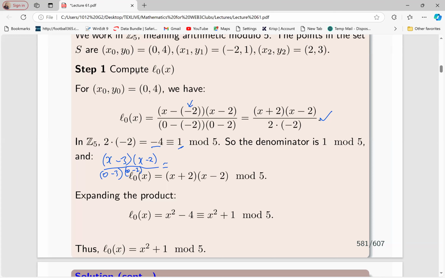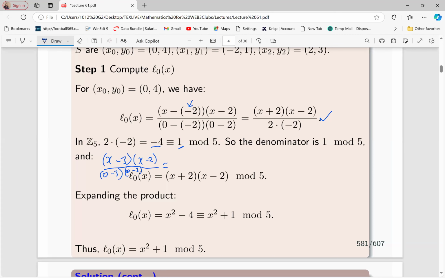So when you do this, the numerator you get x squared, and then minus 2x, and this will be minus 3x, which becomes minus 5x. And then 3 times negative 2 will be positive 6.